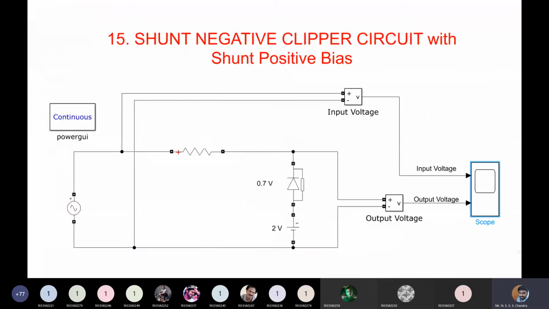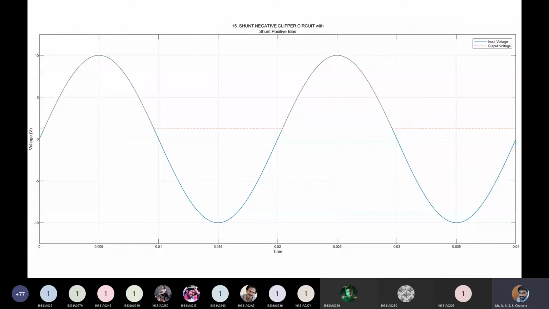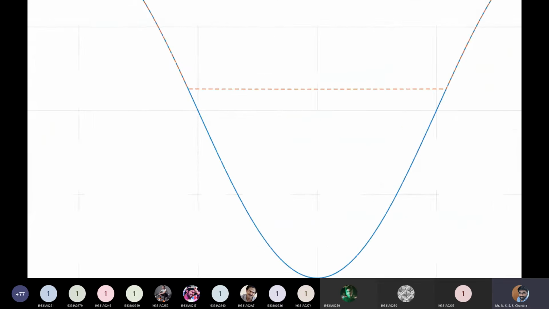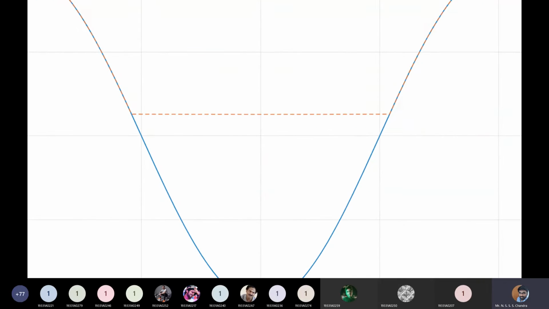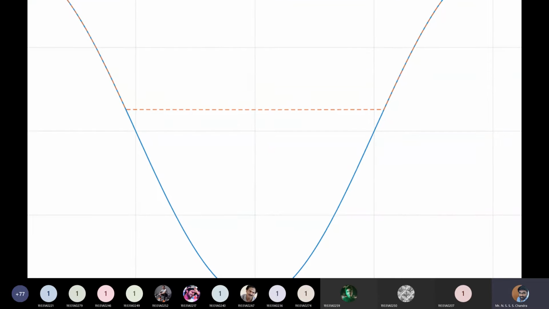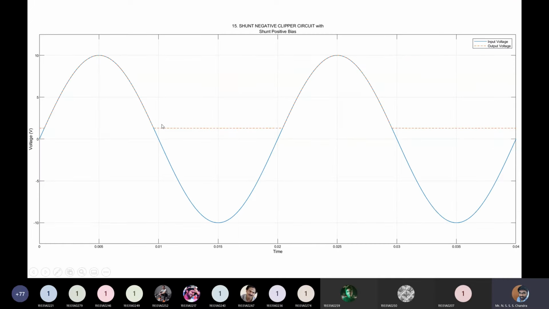So when the diode is conducting, you are observing VDC minus VD. So what is the voltage you are observing when the diode is conducting? 1.3. Okay, this is a dotted line, you can see that is 1.3. So your diode is conducting in this region.